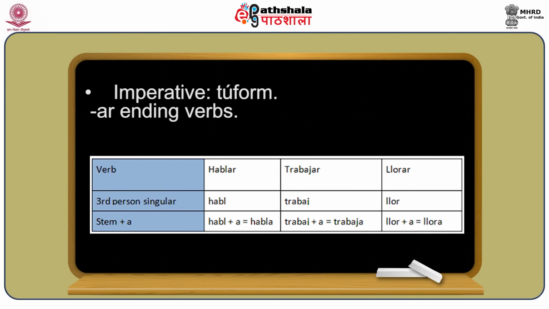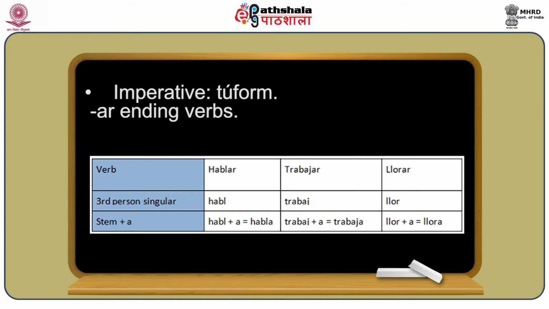So the él, ella, usted form of the AR verb generally takes an a. So we remove the ending and we add a to the verb. For example, let's see the verb hablar. Hablar in the third person singular is habla, or él, ella, usted habla. We can form the third person singular by removing AR and just adding A to the remaining letters.